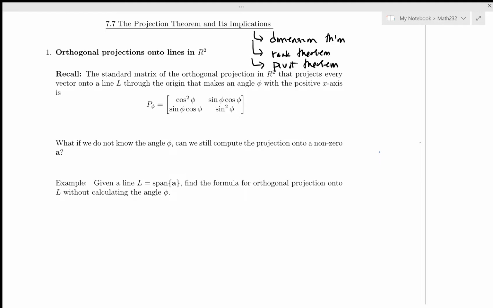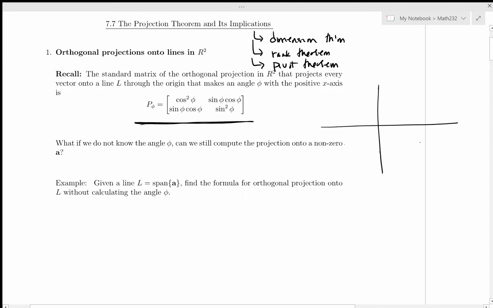Now let's revisit something that we have actually seen earlier in the course. We did look at orthogonal projections onto lines in R2, and we had derived the matrix for doing that. So I'm just going to remind you of what that looks like. We have a line through the origin in R2, and that line makes an angle with the x-axis, which we are calling phi.